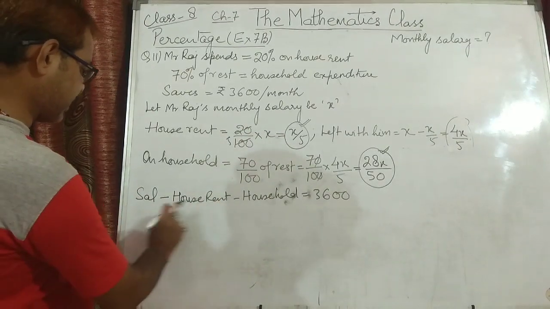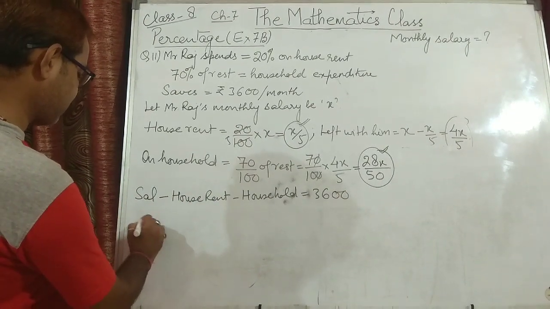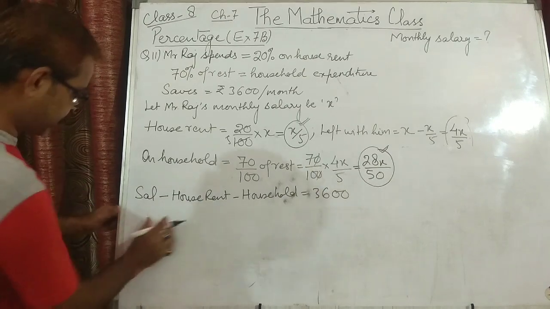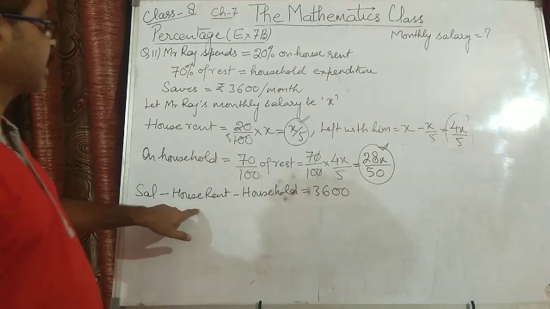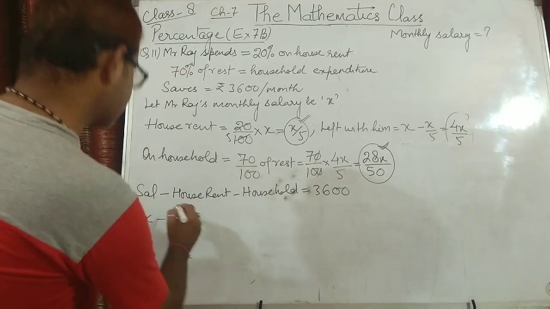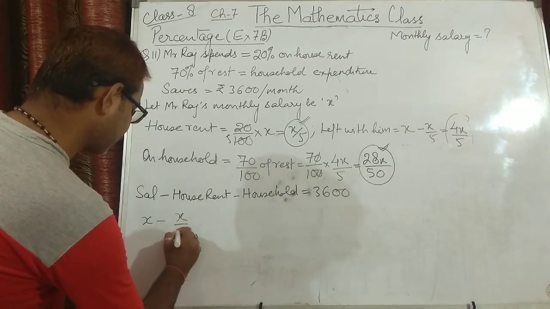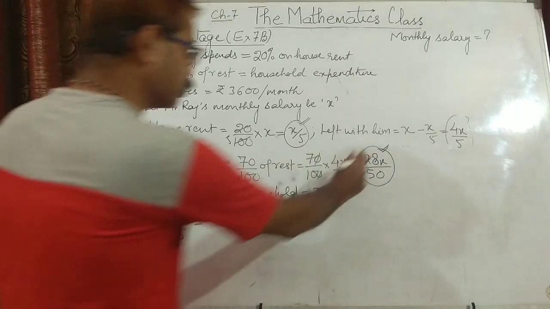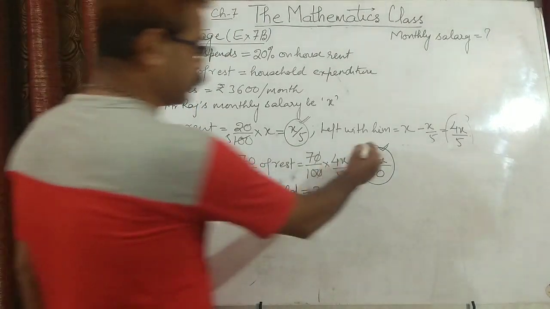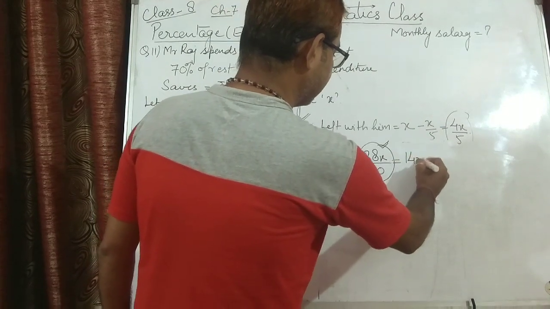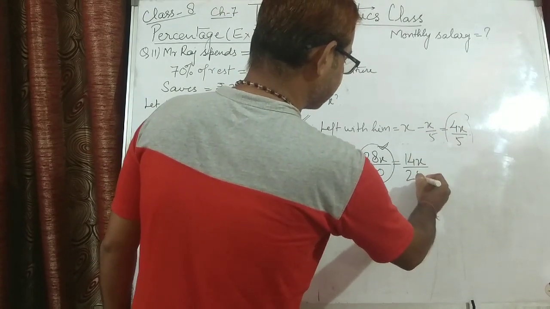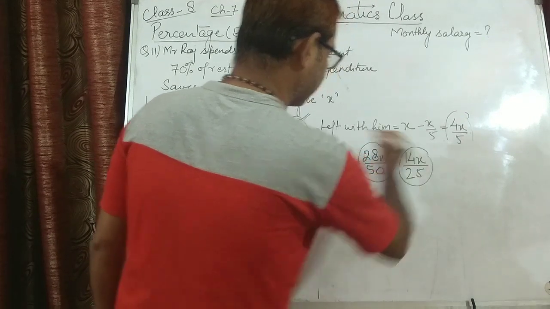Now I am writing salary was X minus house rent is X upon 5 and household is 28 upon 50, which can be reduced: 2 14s are 28 and 25. This can be reduced to 14x upon 25.